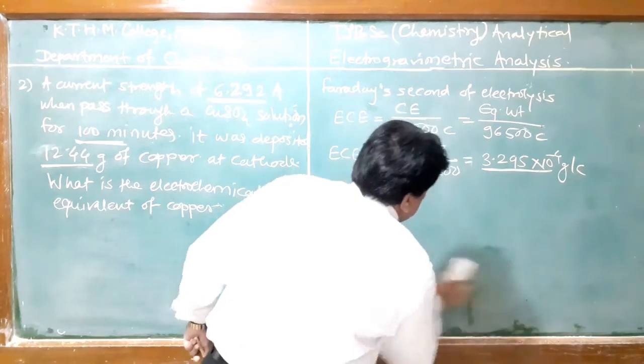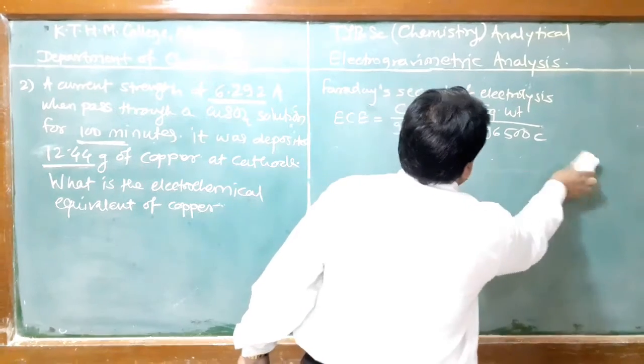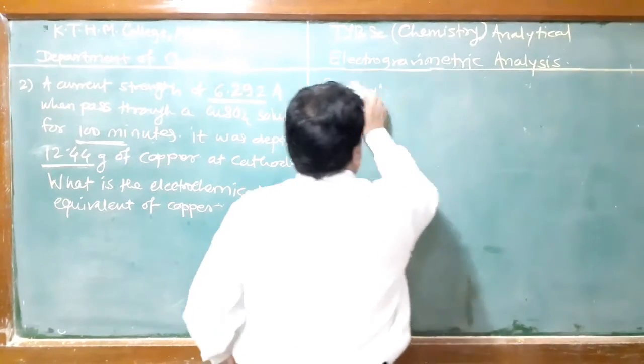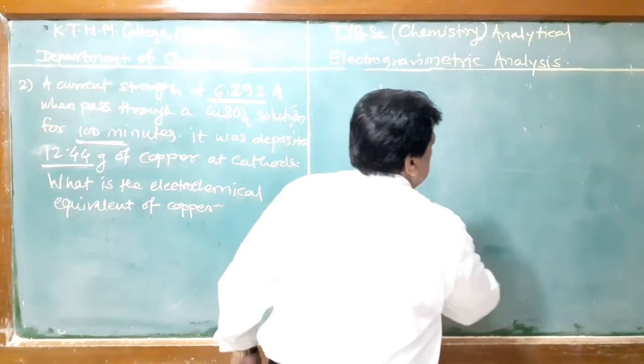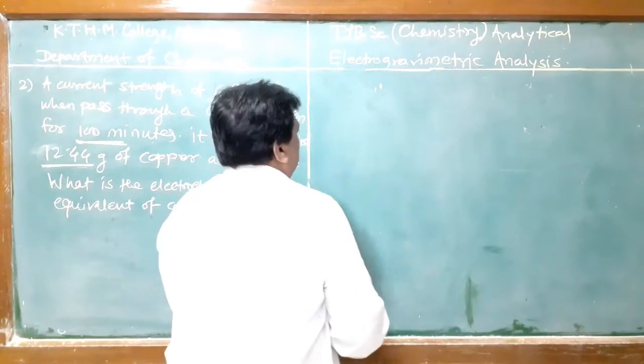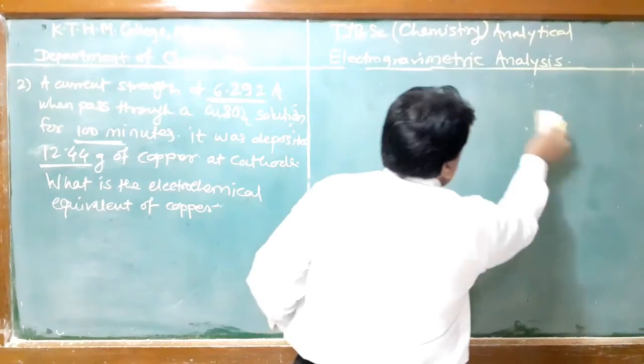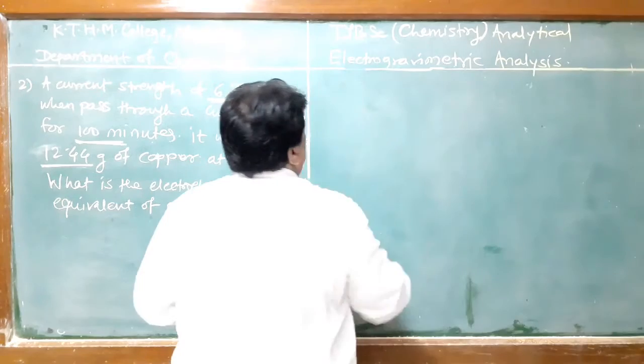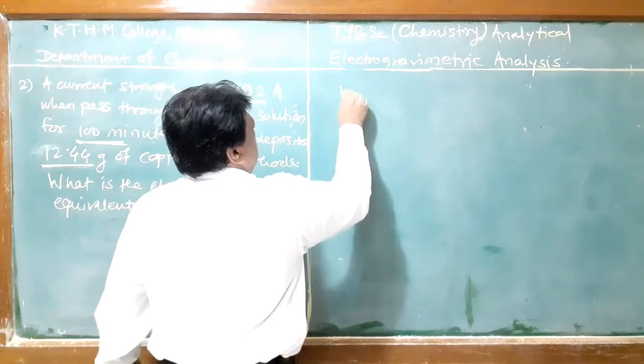Now in this case we have the quantity of electricity, we have the amount of substance liberated, so we simply have to find out the value of Z in equation 1 by Faraday's law of electrolysis.